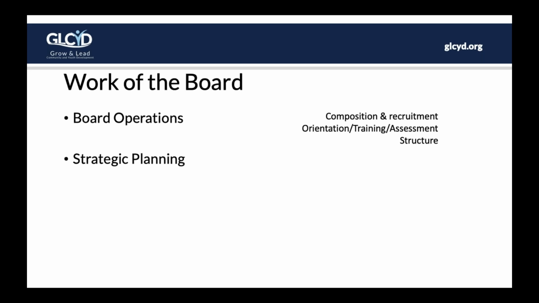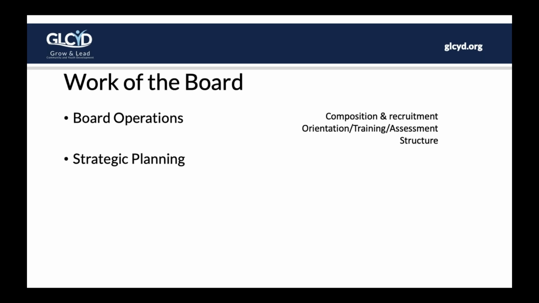You should be partnering with your executive director to drive the mission forward. But really, it shouldn't be the executive director telling the board what direction the organization should go. You as a board member are that sentry that guards the mission.